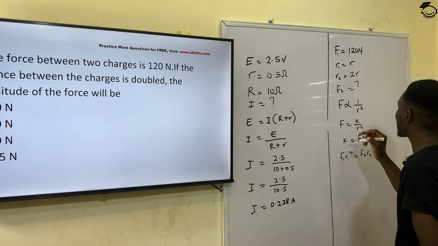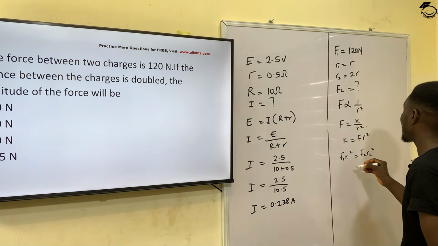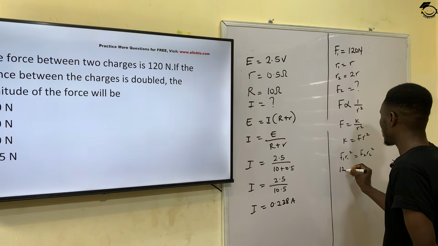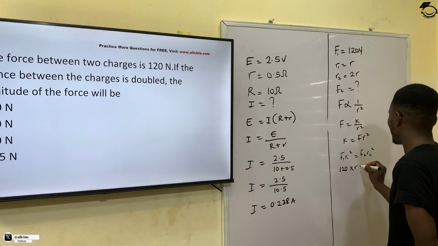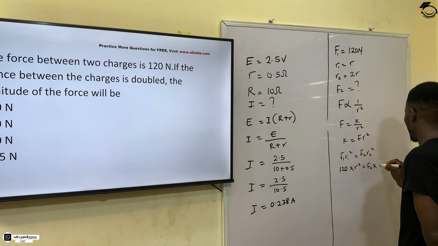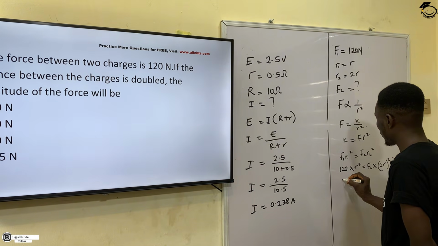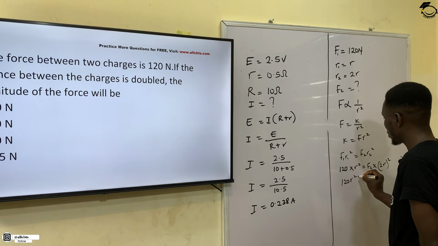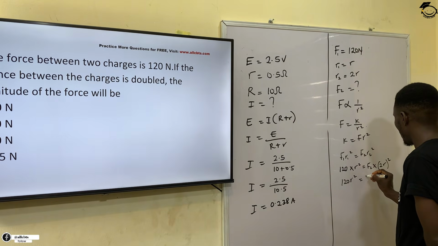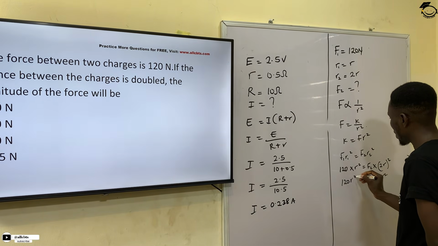And if I input these values into this formula, I'll have 120 times r squared is equal to F2 times (2r) squared. So this will mean that I have 120 r squared is equal to F2 times 4r squared. r squared will cancel out r squared.